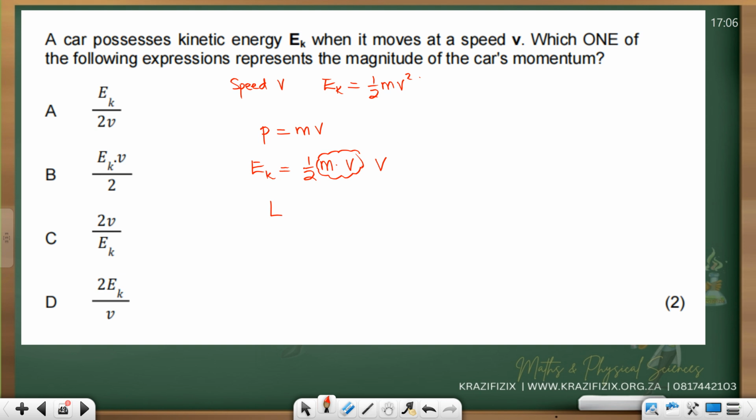That's momentum. So EK is 1 over 2 momentum times V. We're looking for momentum, so let's cross multiply. 2EK equals PV. Divide both sides by V. 2EK over V. Do we have that answer? There we go, D.